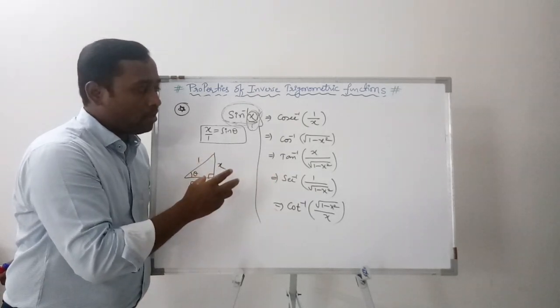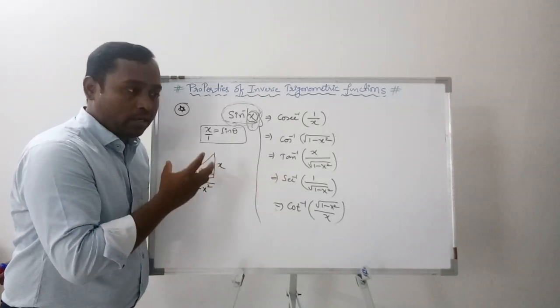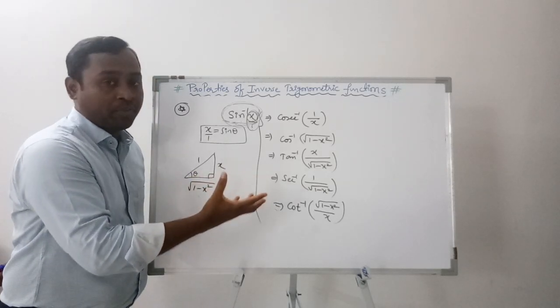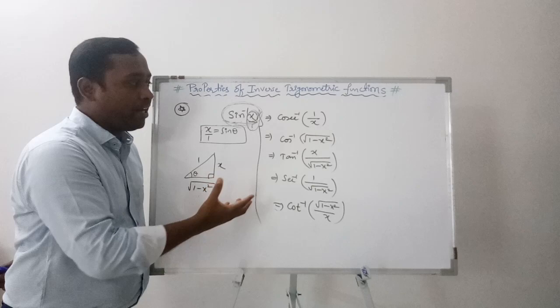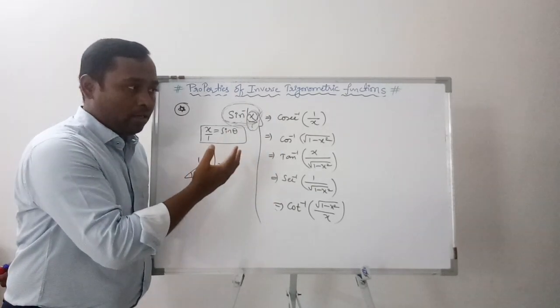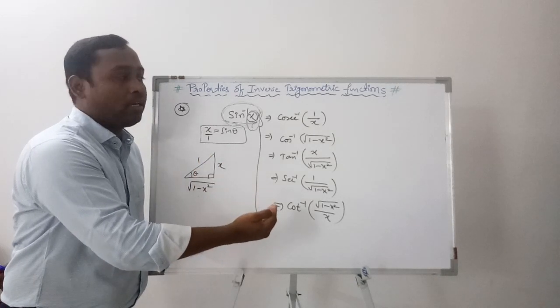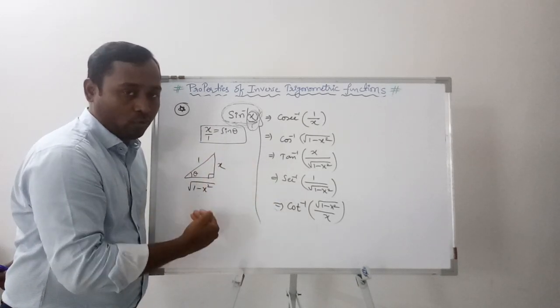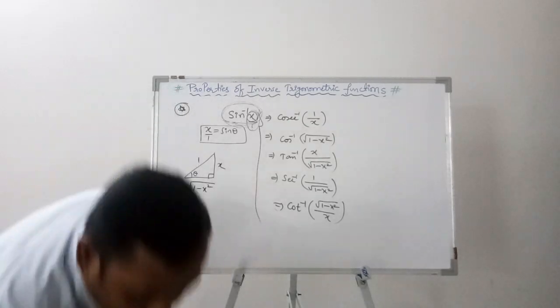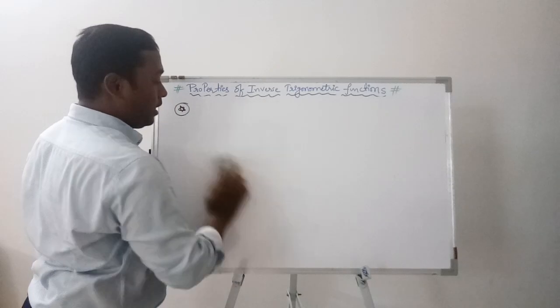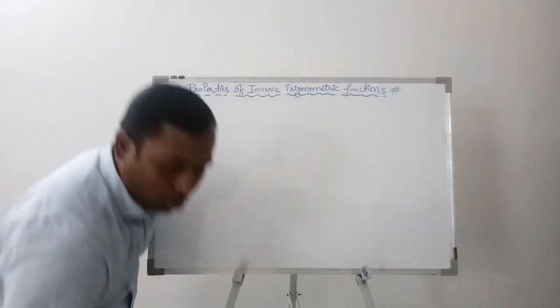In a similar manner, if some expressions are involved, some substitutions will work. That is what I am going to list out for your reference. While doing the sums, I will use these formulas wherever necessary. See what expressions are involved and what substitution will work.